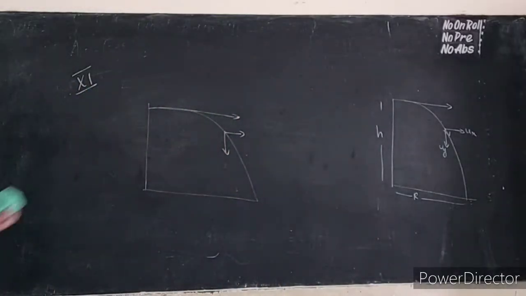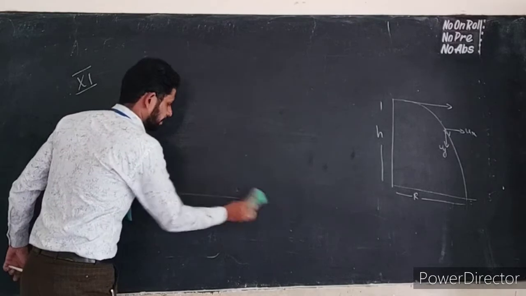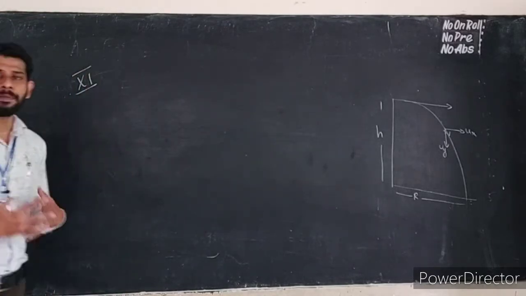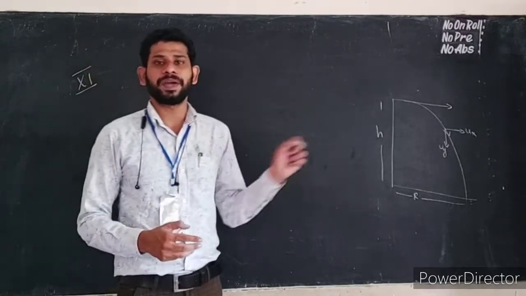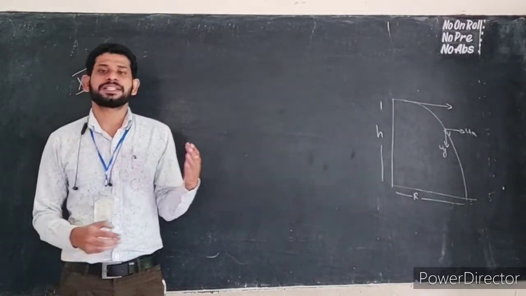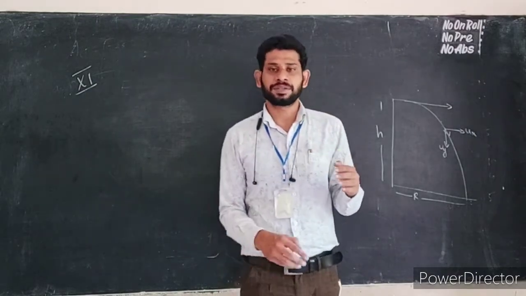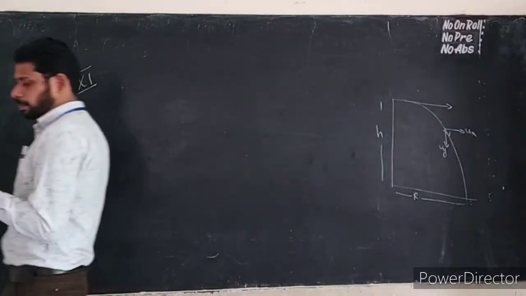First, you must know what is meant by projectile. When some objects are thrown in the air at midway, after some initial velocity, it goes under the action of gravity. This is called projectile.